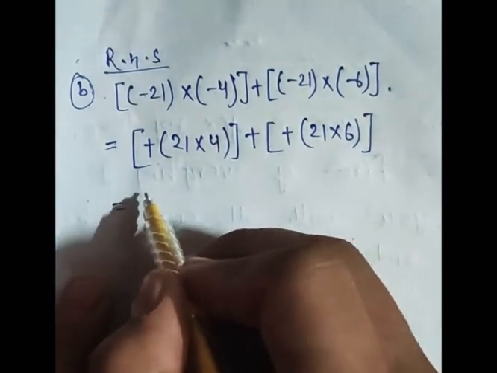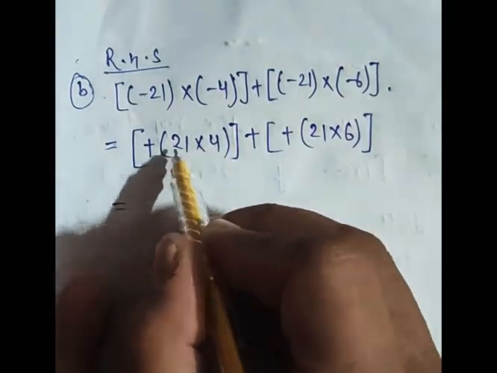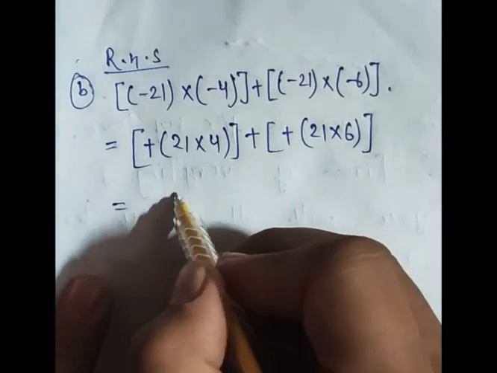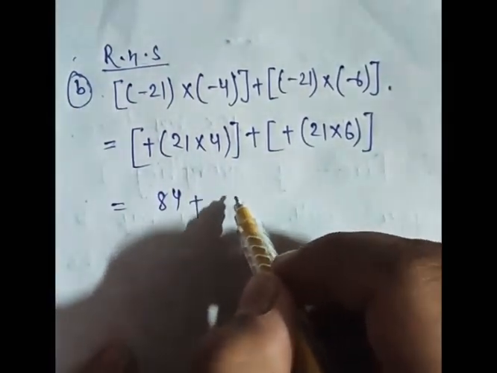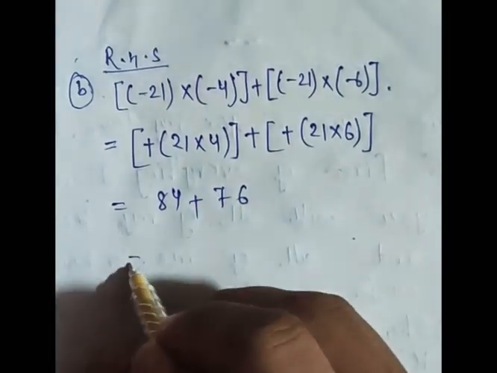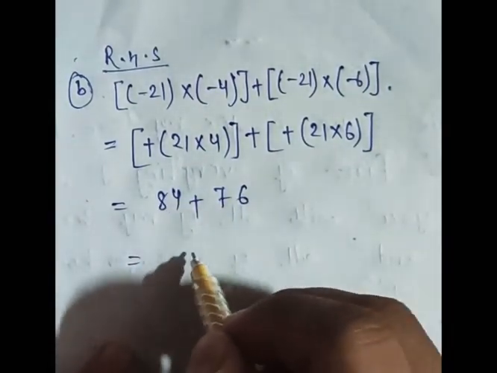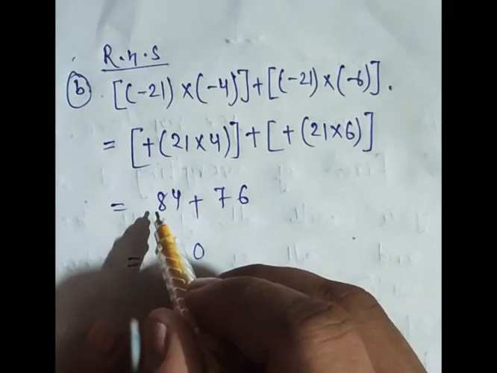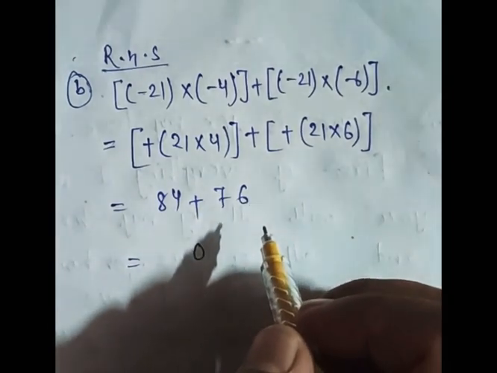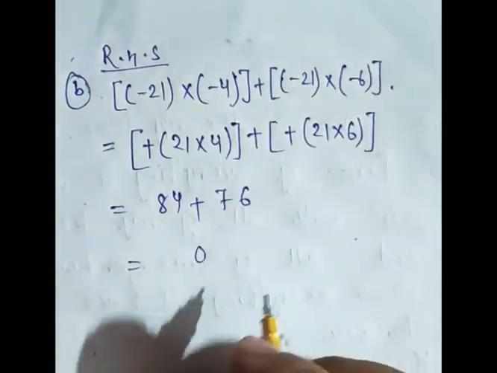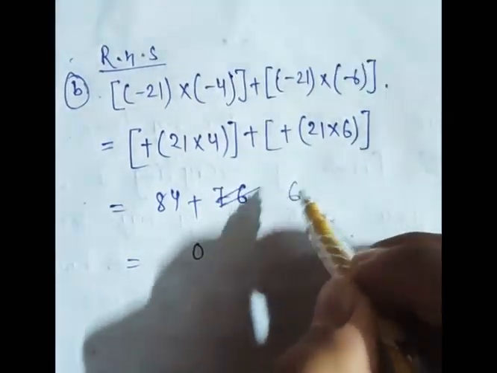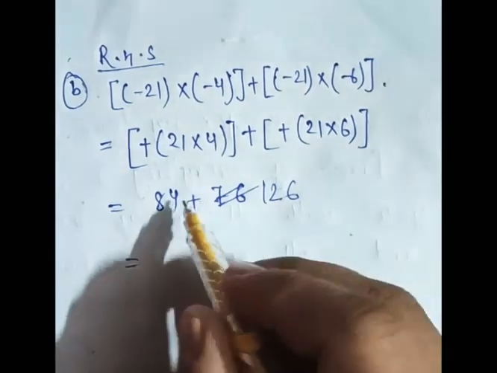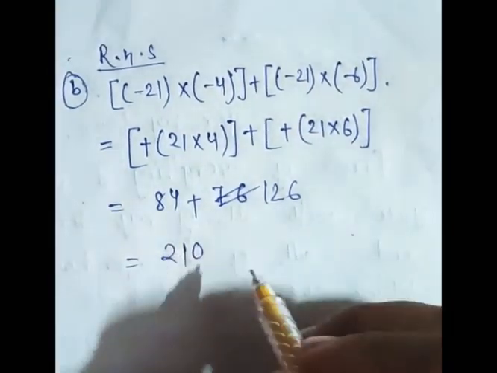So inside the bracket we will solve it directly. 21 into 4 is 84 plus 21 into 6 is, oh sorry, I have made a mistake here. 21 into 6 is 126, so it is 210.